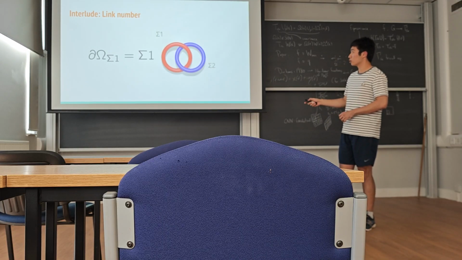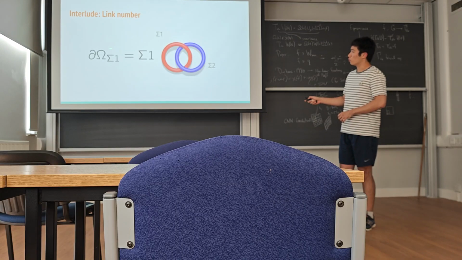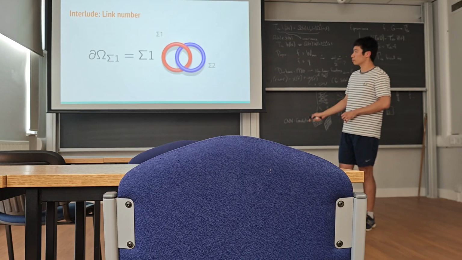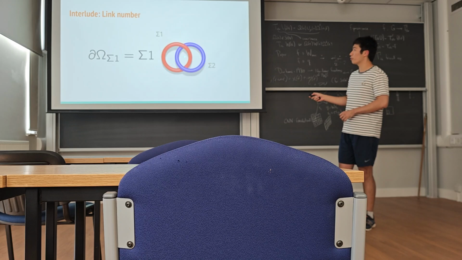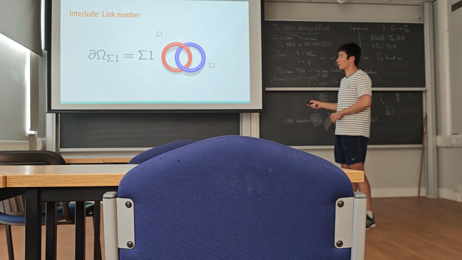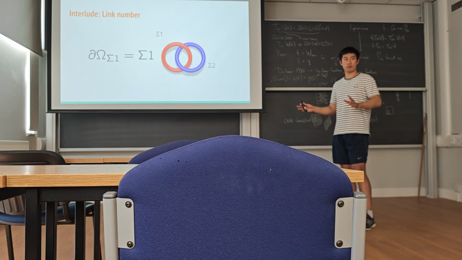If we call the red disk omega, then the boundary of omega is our red circle. The puncturing of this blue circle through the red disk is the same as the link number between the red circle and the blue circle. Kind of makes sense?